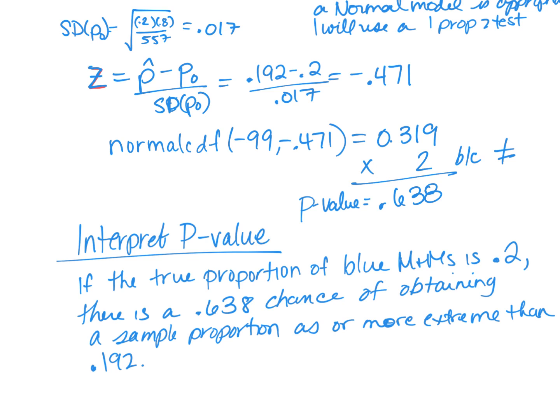The p-value is the probability of getting our sample proportion if the true proportion is our hypothesis.